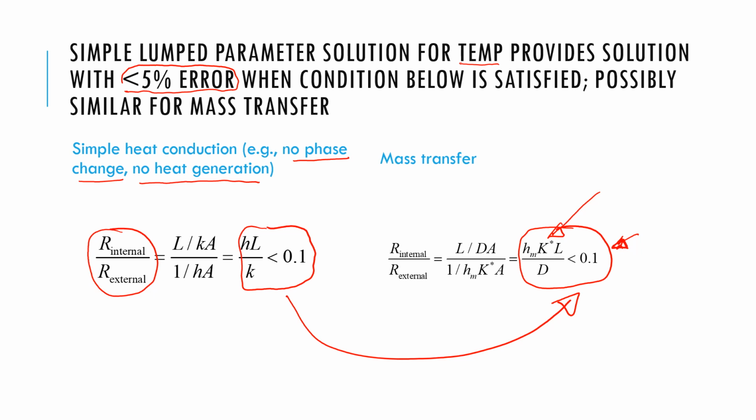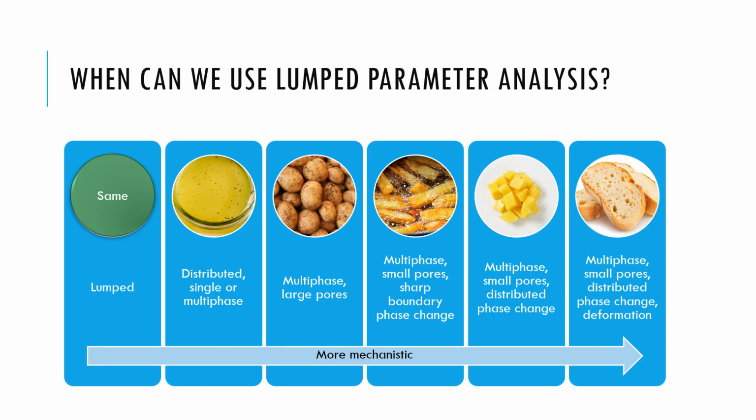transfer. Now, relating what we did to the big picture, we see that there are many ways to describe a food process. So these are all mechanistic descriptions of food process, going this way, more and more detailed and more mechanisms in there. Lumped parameter is here. So it is the simplest.